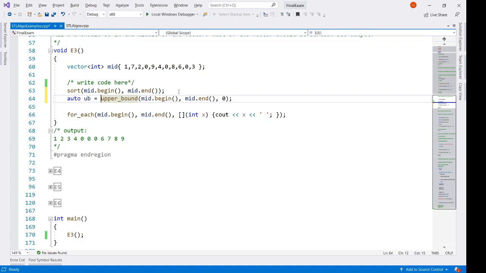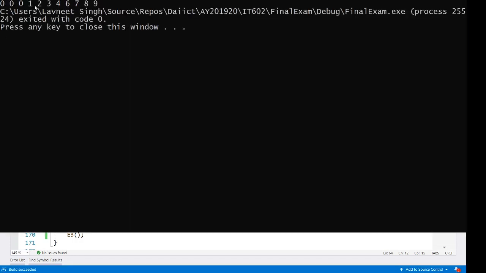When we say upper bound, it will be pointing to the first element 1, which is one past the range of the zeros. So the ub will be pointing to 1 here, right? So now we have got the upper bound.